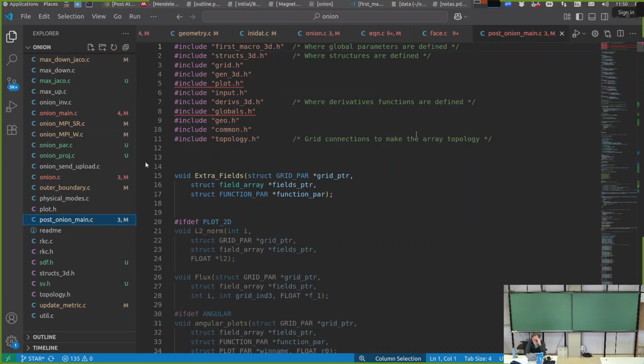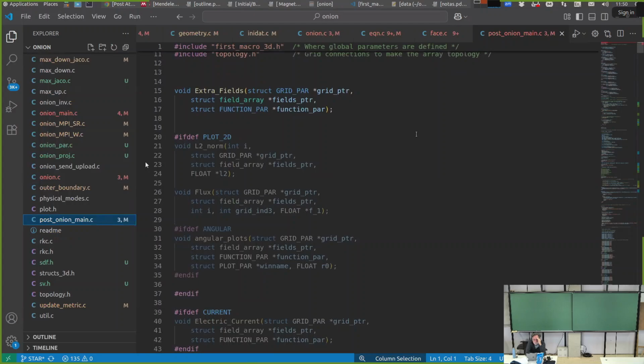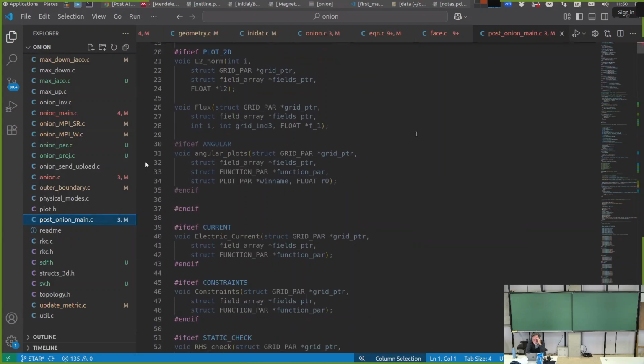It does all the same. We can read the results from the evolution at the time snapshot we want, read these fields, and start doing some additional computations, like post-processing.